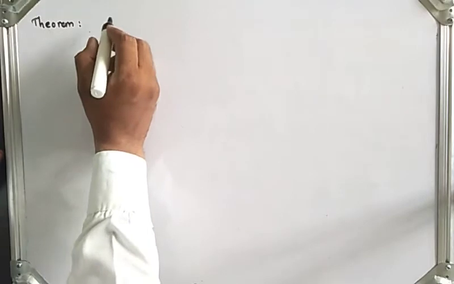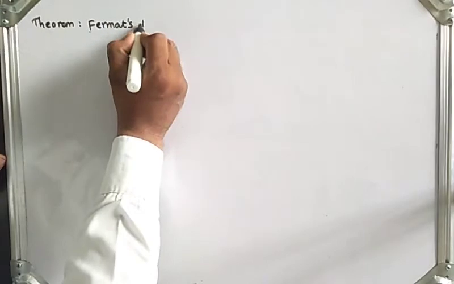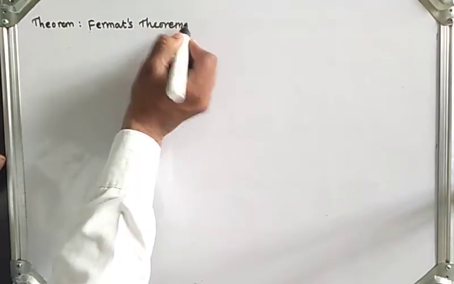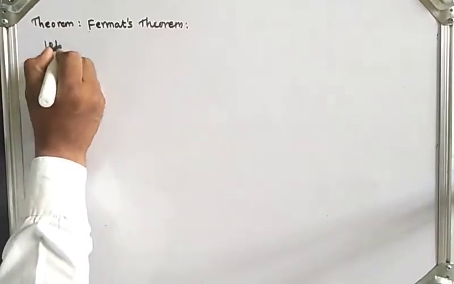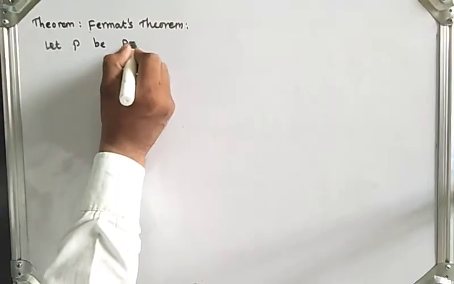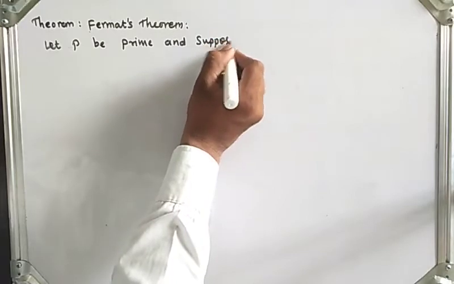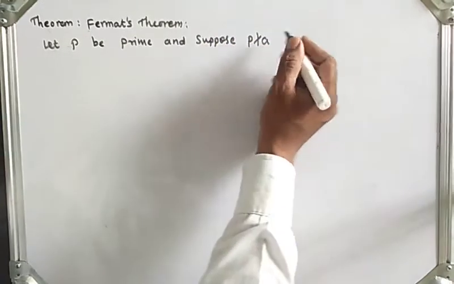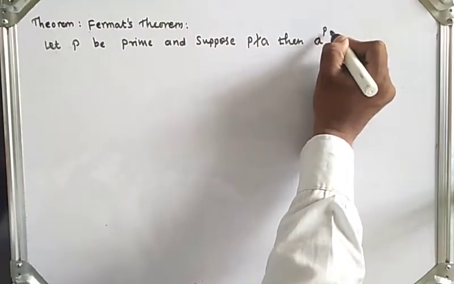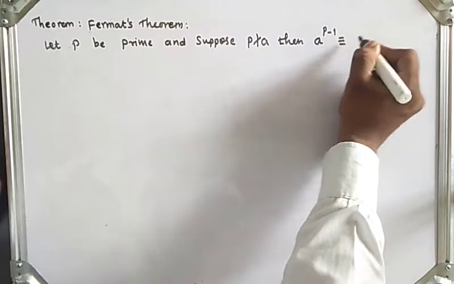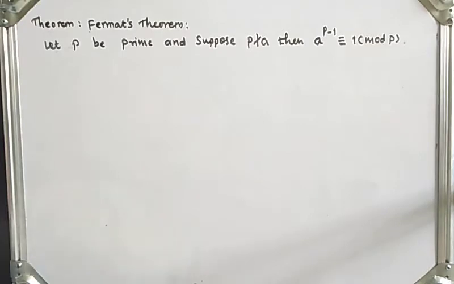The statement of Fermat's theorem is: let P be a prime and suppose P does not divide A, then A raised to P minus 1 is congruent to 1 modulo P. So we will prove this theorem.